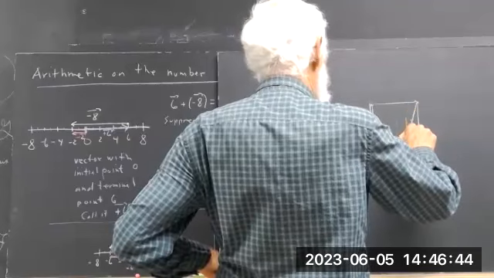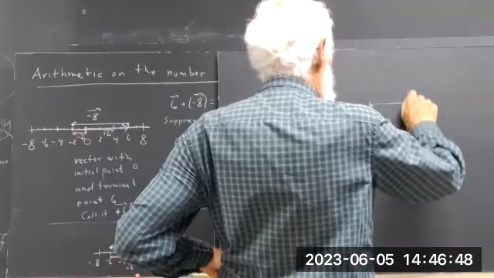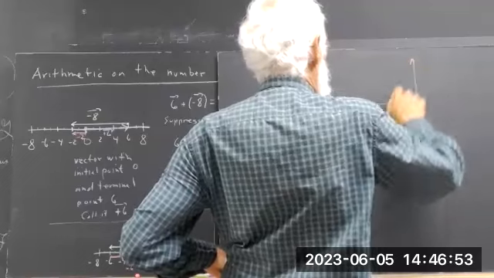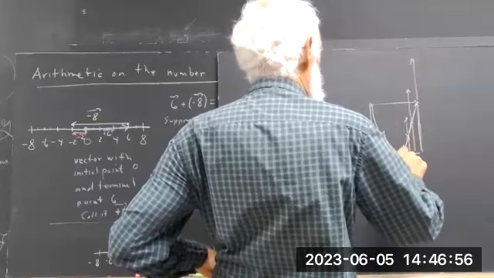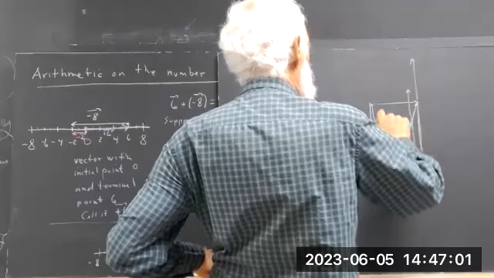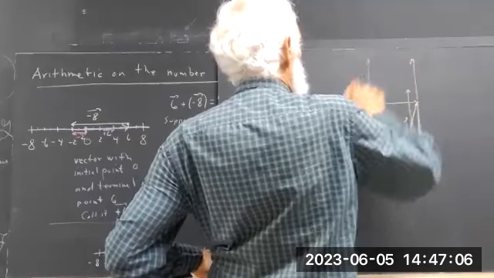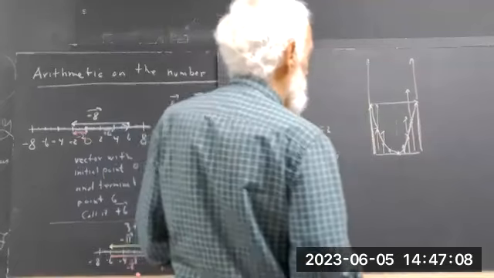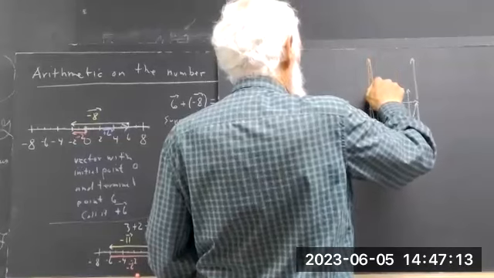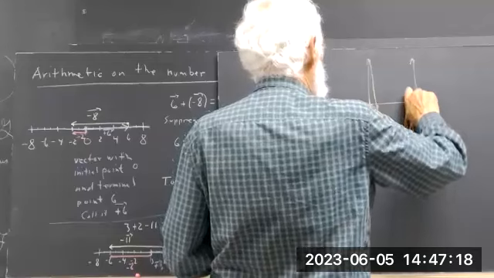It's going to look like this. I'm doing it kind of sloppy, kind of quickly. You get the idea. And then if I connect the tips of those arrows with a smooth curve, that smooth curve is going to look like this.